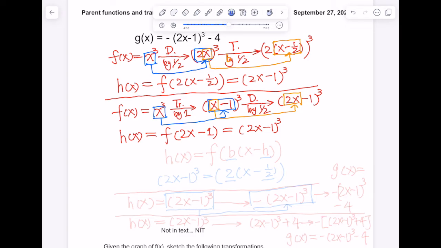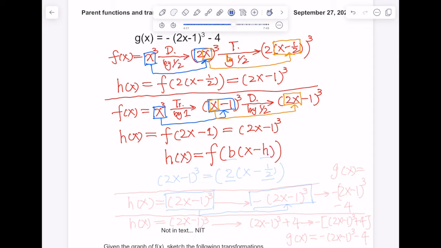I want to emphasize that for the AP class, the standard way of horizontal translation and dilation to get h of x is to first do the dilation of a factor of 1 over b, followed by the horizontal translation of h.